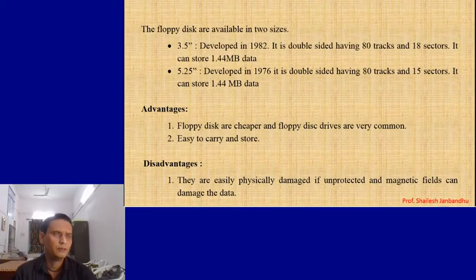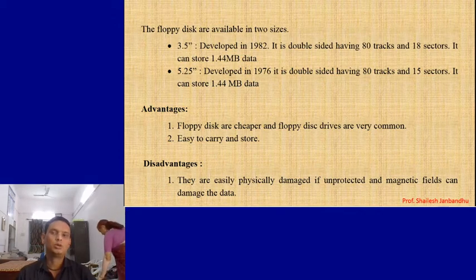Today, floppy disks are not in use, but when they were used in the market or in computer systems, we had two types of floppy disk, 3.5 and 5.25. The 3.5 was developed in 1982 and it is double-sided, having 80 tracks and 18 sectors.